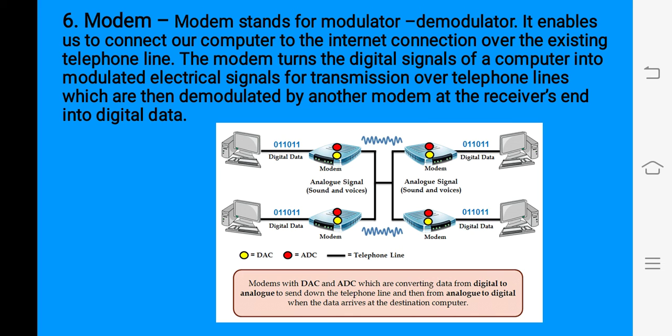The modem turns the digital data of the computer into modulated electrical signals known as analog signals, and then it transmits the signals over the telephone lines, and at the receiver's end the modem again demodulates and converts those signals to digital data and transfers it to the computer. So the modem is used at the sender's point and also at the receiver's point.